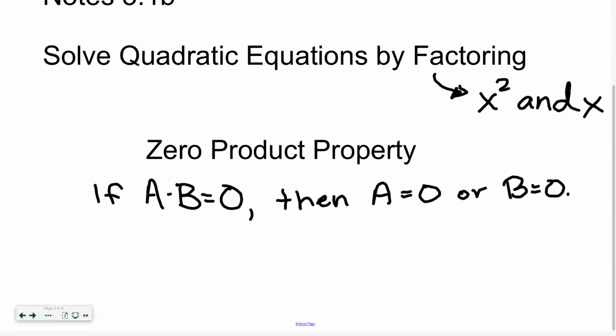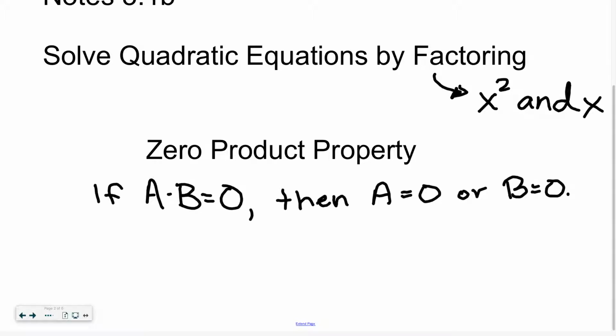If you're looking at an equation that has two kinds of x's, so these are not like terms, they're different types of x's, an x squared and an x, the best method, sometimes the only method for solving, is going to be factoring. We'll see some that are unfactorable and we'll have other methods available to us. But if you see x squared and x in the equation, then you have to factor it.